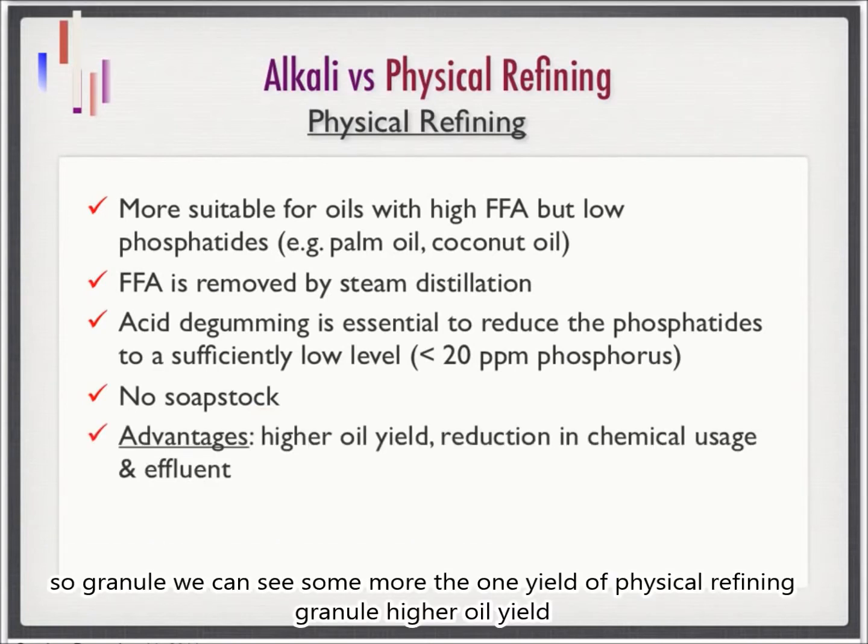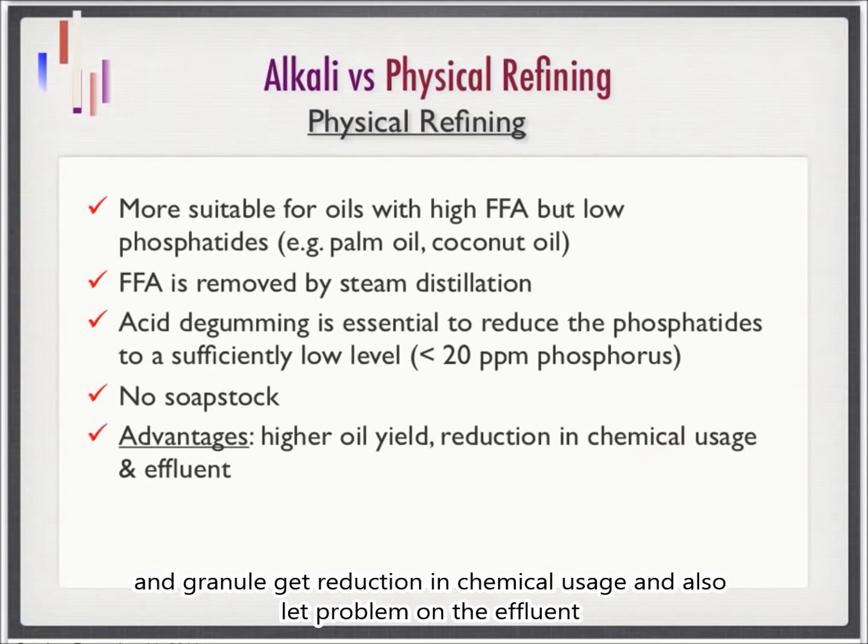So in general, we can say some of the advantages of physical refining are that we can get a higher oil yield, a reduction in chemical usage, and also fewer problems with waste treatment.